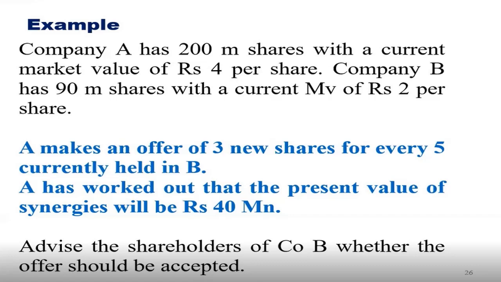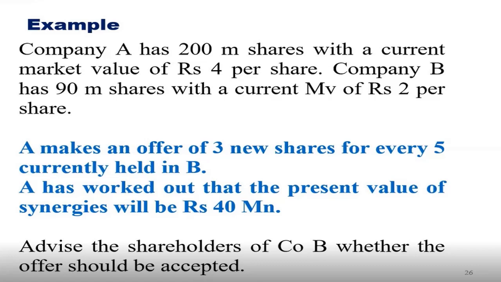And for B, they know their actual worth is 180 million. But somebody is going to give them an offer of 216 million. What do you think? They are going to get a premium price for their shares. And for A, when you take over this particular firm, the maximum value that you can generate is 220 million.